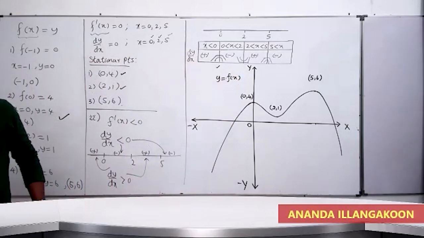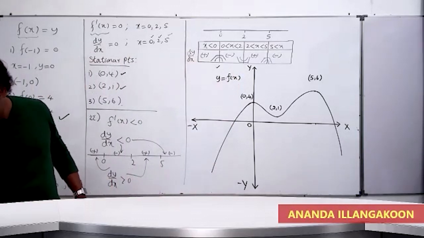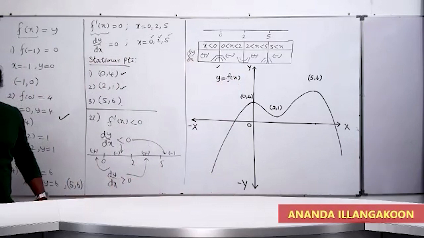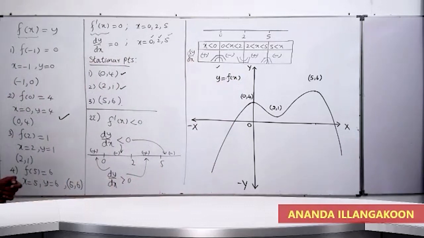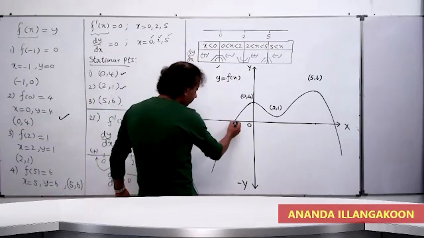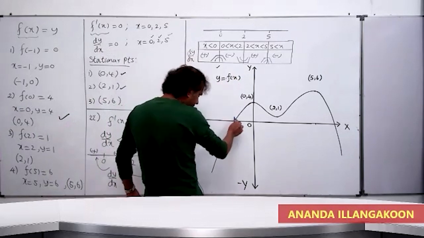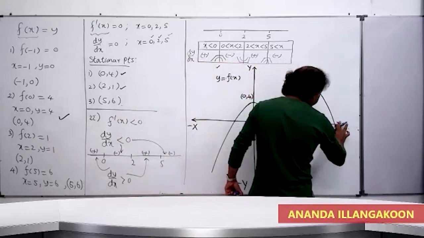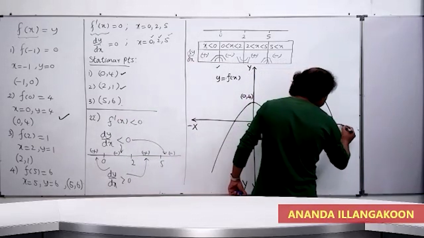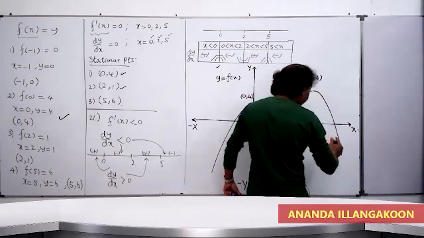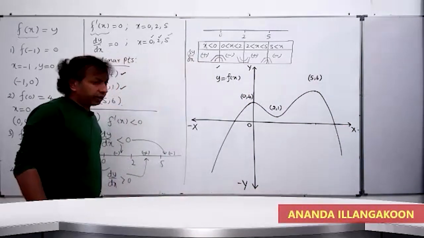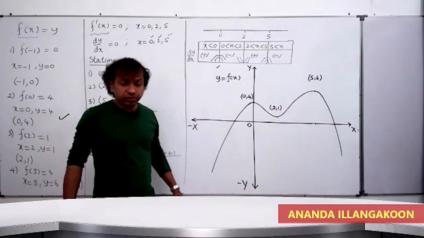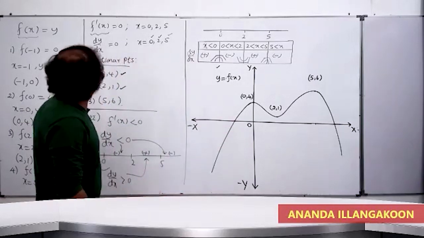Now what is asked next? Sketch clearly the graph of y equals 1 upon f(x). Before that, I am going to find out this x coordinate, and here x coordinate. At these points, the y coordinate of the graph is 0.